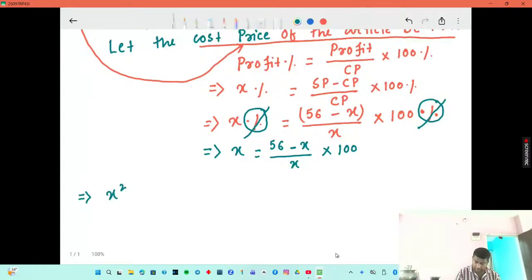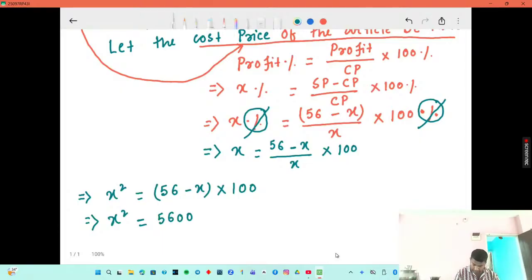X square is equal to (56 minus x) into 100, that is x square is equal to 5600 minus 100x.